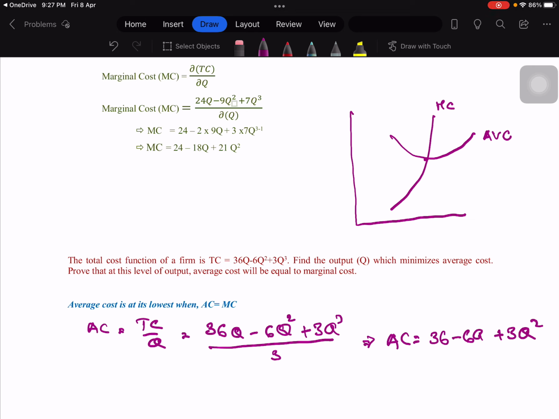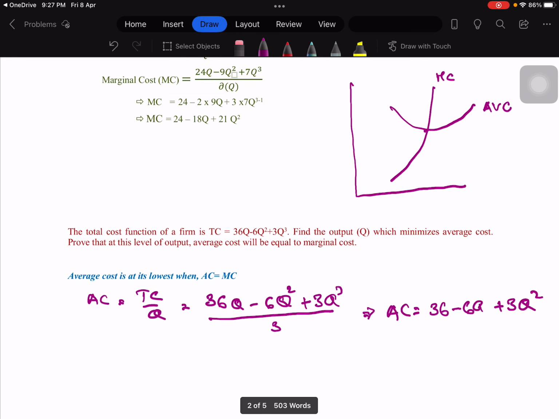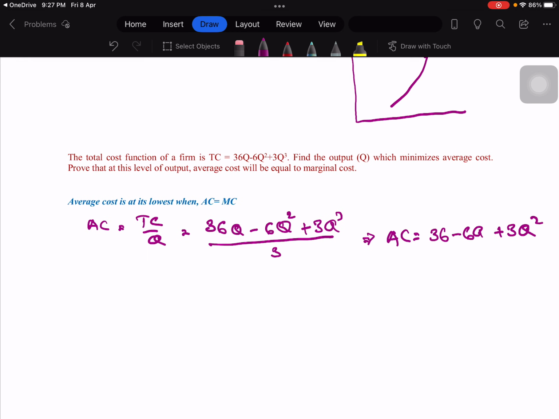Now what is the marginal cost? You get marginal cost by applying the first order differentiation. So MC is equal to dou TC by dou Q. See how that happens. Q to the power of 1 becomes Q to the power of 0, that is 1.